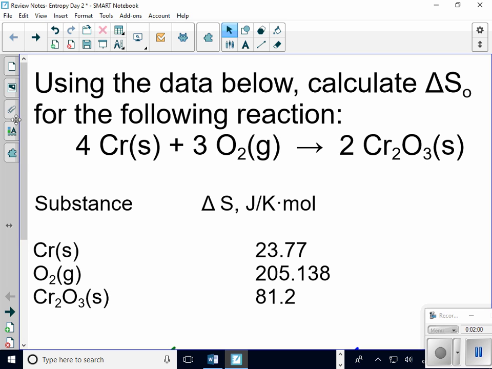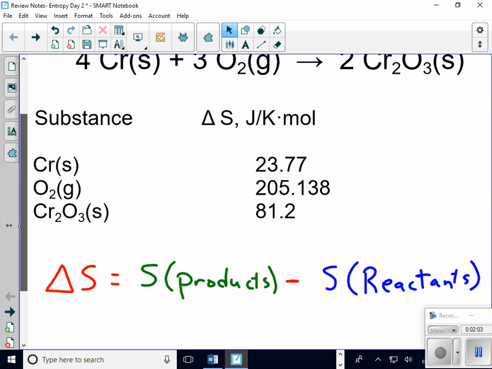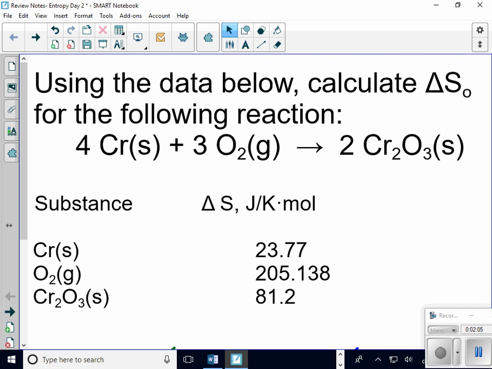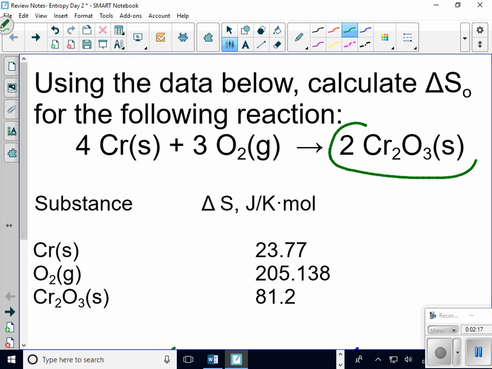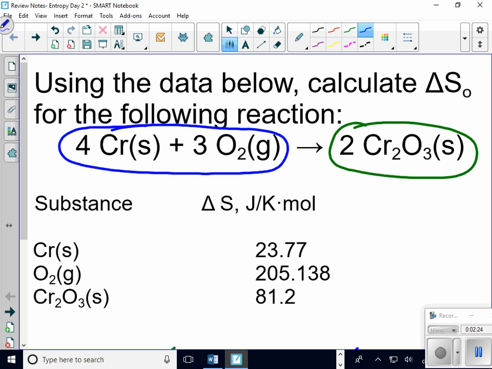Well, let's go back up here. We did our products in green, our reactants in blue. What are my products? Do I have products? No, I have a product. So here is my product. Here are my reactants. So, don't just add things up in the order that they are on your balanced chemical equation.